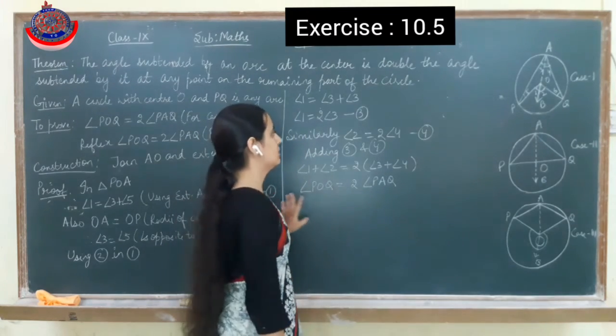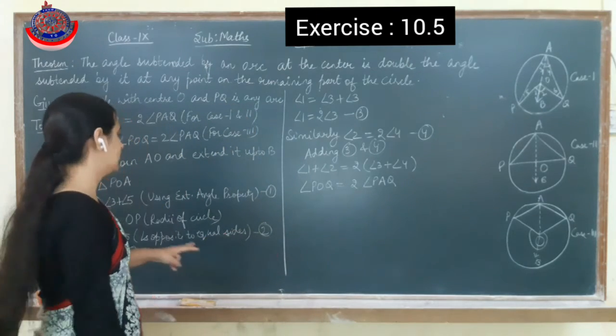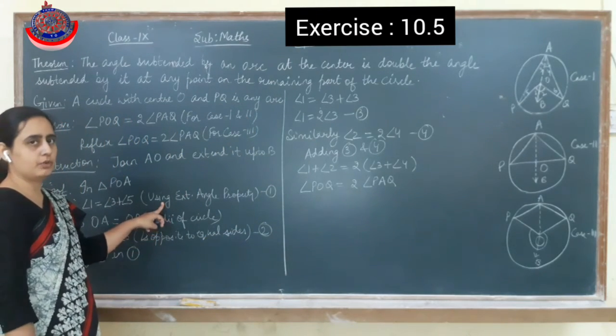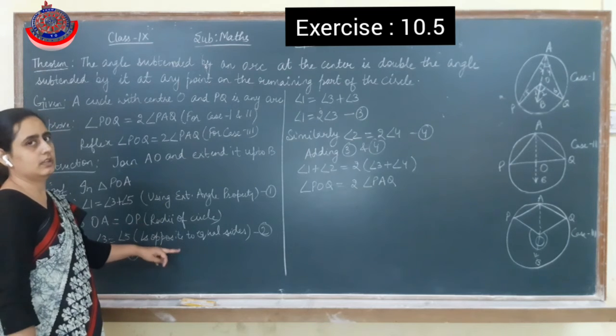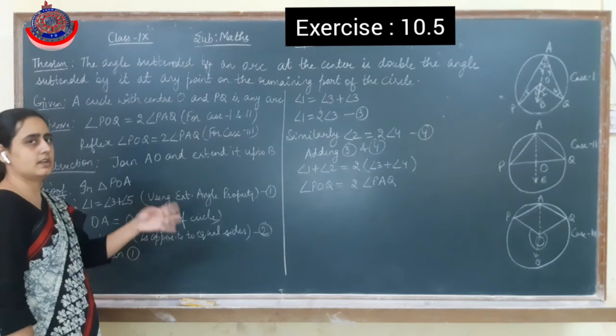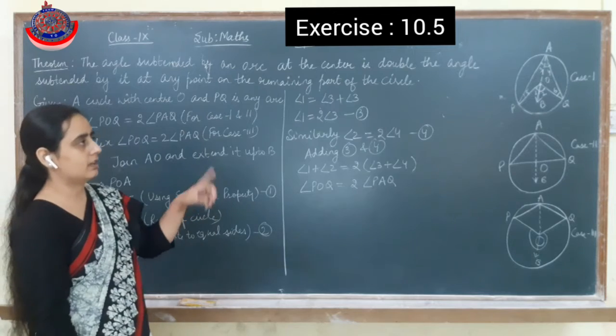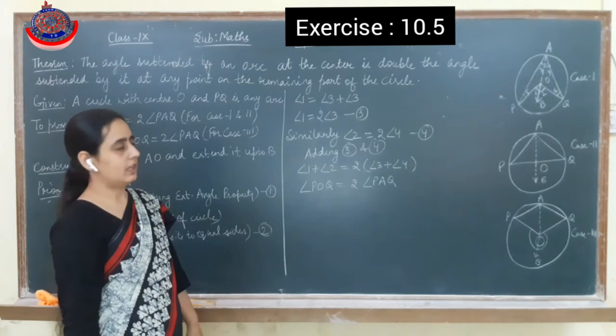Fine. So this was the main concept. Two things: one is the exterior angle property you have to use. Second is the property of the isosceles triangle, that if two sides are equal, then the angles opposite to them will also be equal.